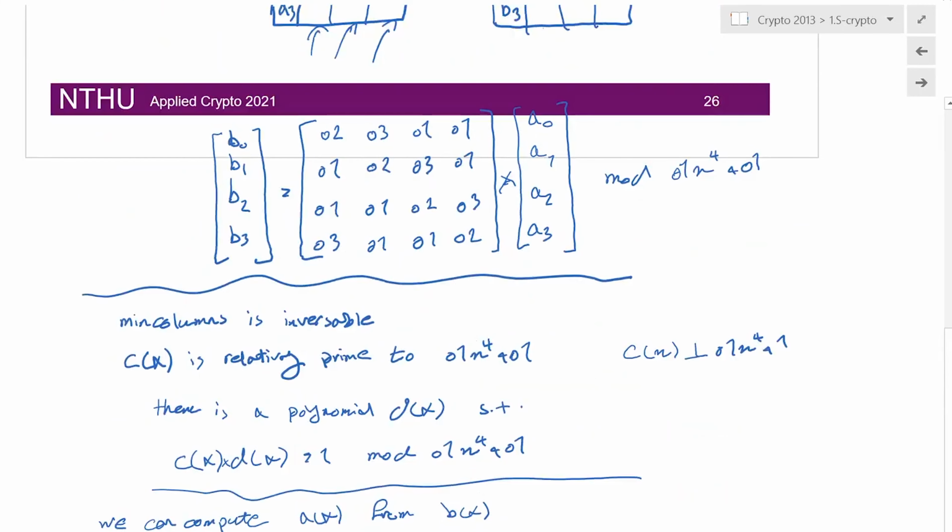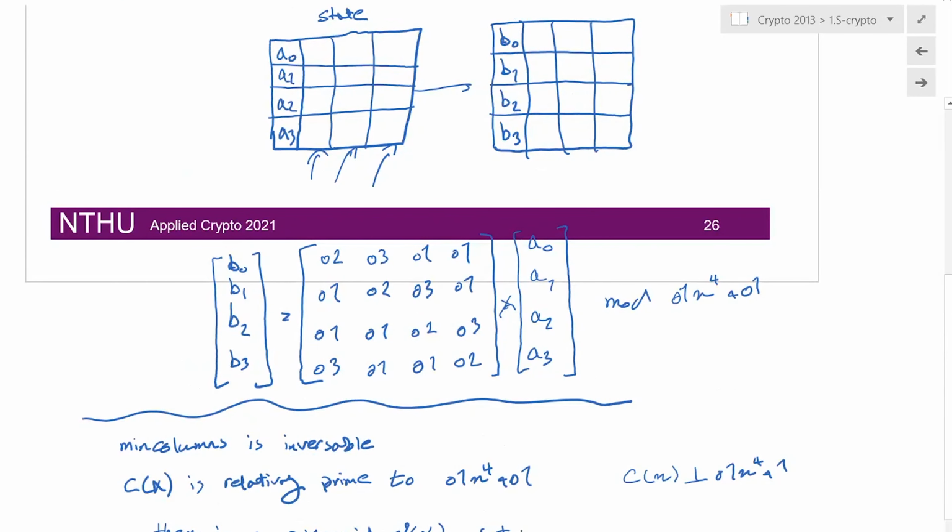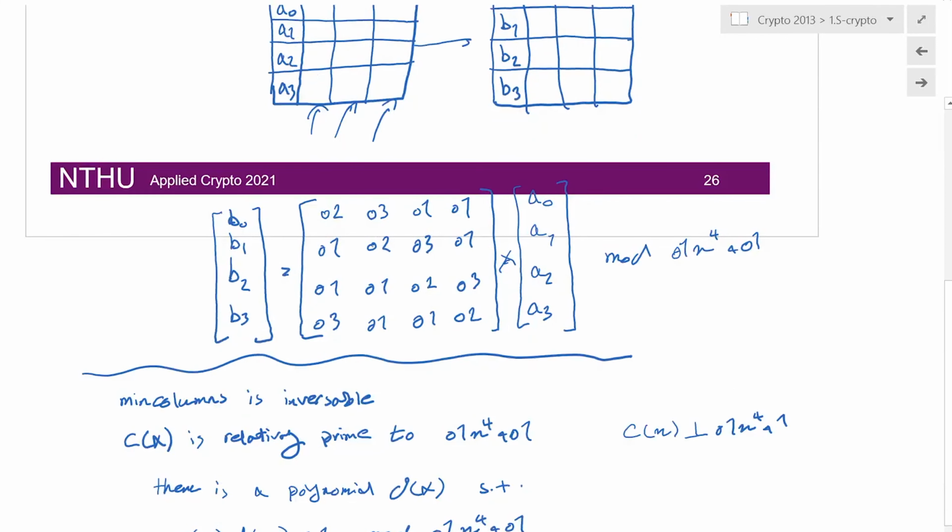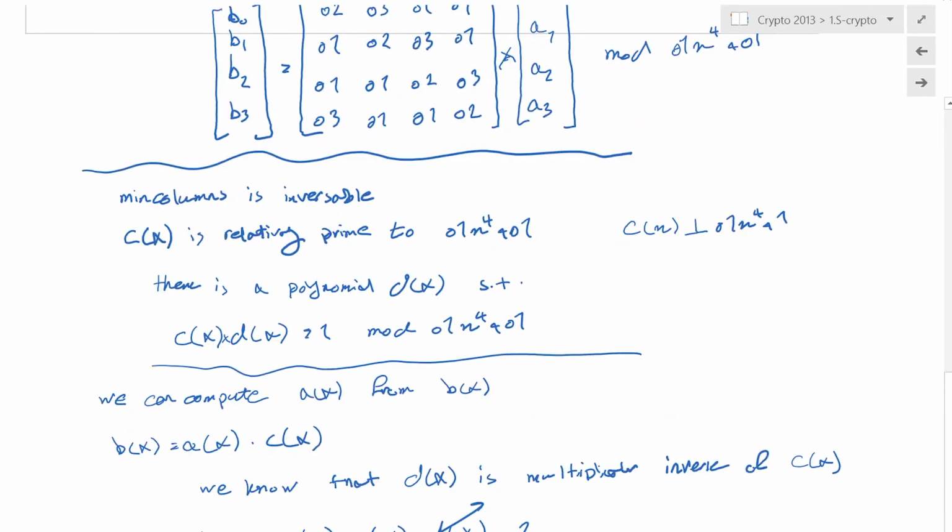So therefore, the mixed columns operation in AES is also reversible, okay? I understand that this is a little bit too much in one session, but trust me, when we get back to the next chapter, we will have a lot of examples, and these things will become very easy for you once you really understand the idea behind them.